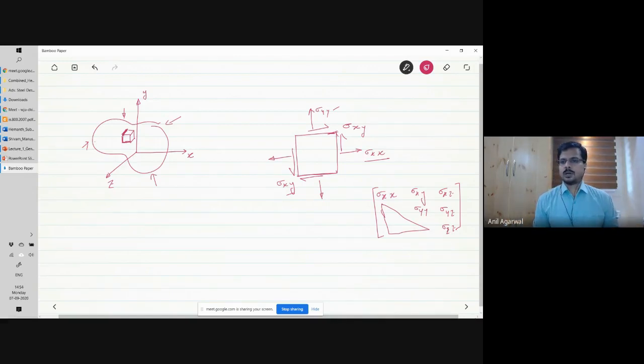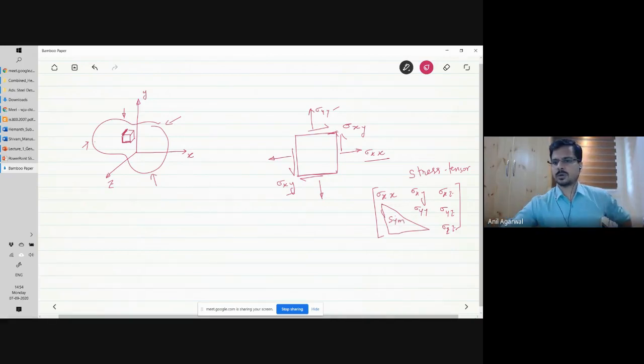So this is called the stress tensor. You will be taught this in much more detail in your elasticity course. It has 9 components, and this part is symmetric.